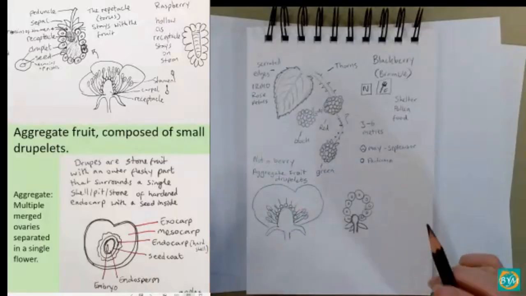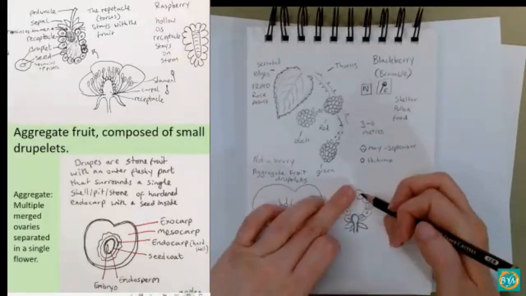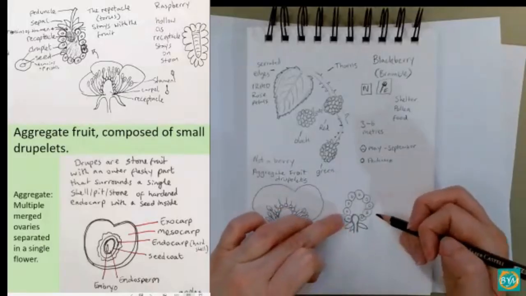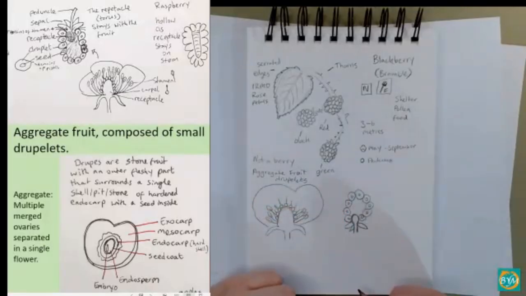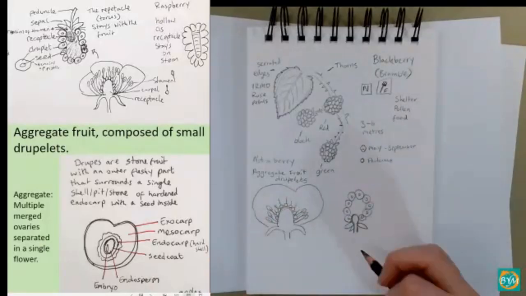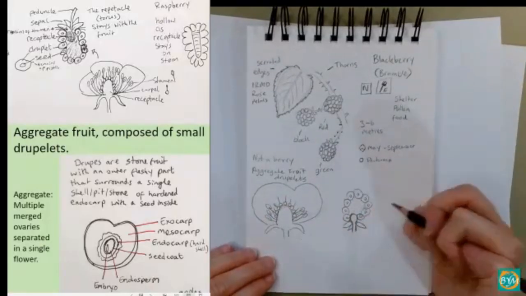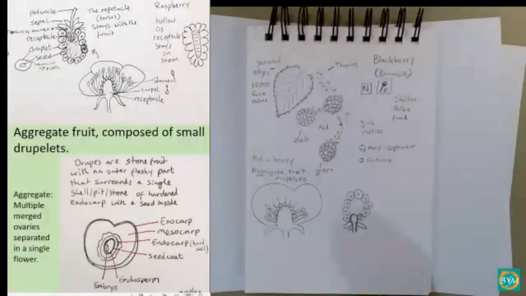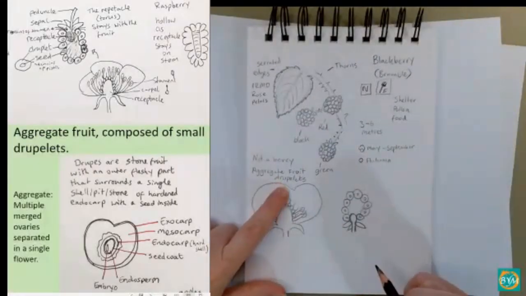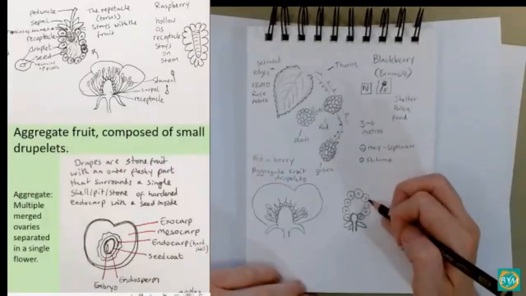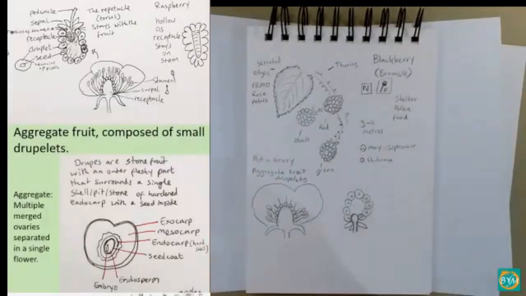And when it's something that is an aggregate fruit and it's made up of very small drupes, we call them drupelets because it sounds cute. No, I don't think that's the reason, but it does. So this is an aggregate fruit composed of drupelets. So all of these are little hard stoned seeds in the middle. Okay, so a blackberry that is not a berry.